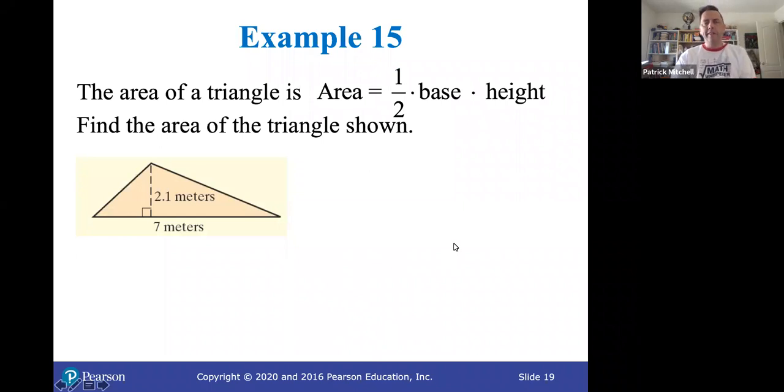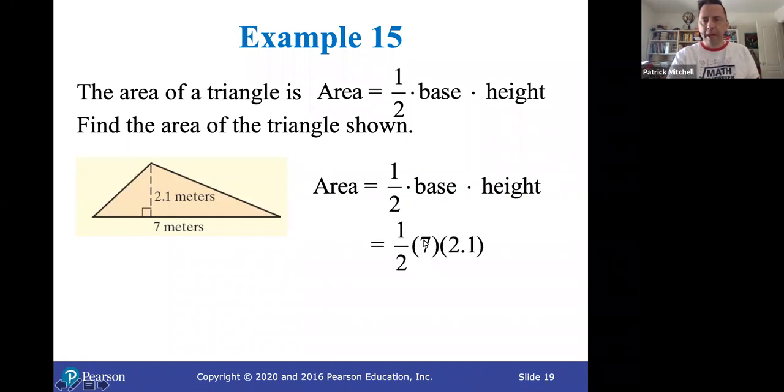All right, that brings us to an area problem. The area of a triangle is 1/2 times the base times the height. And they want me to find the area of this triangle. The base is 7 meters and the height is 2 1/10 meters. So we are going to multiply all of those numbers together.